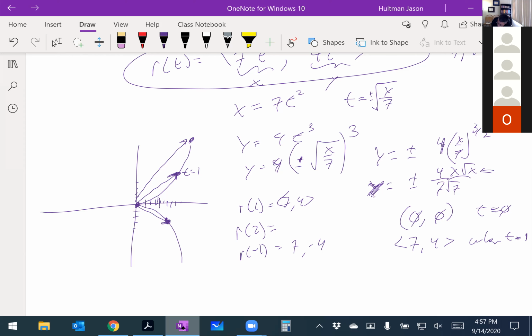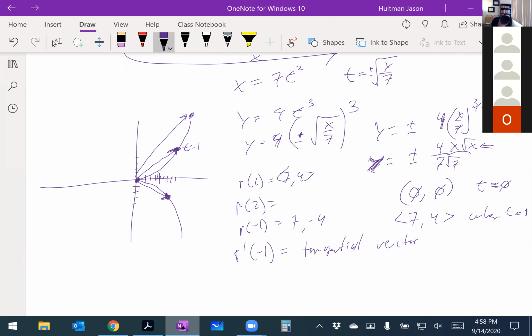Okay, however, we want to know what's happening at r prime of -1, which is the tangential vector. Well, at this point here, what are we doing? I'm going to get rid of some of this stuff.